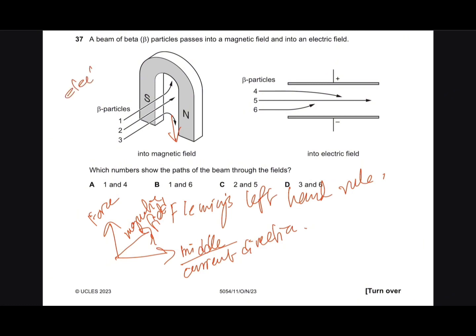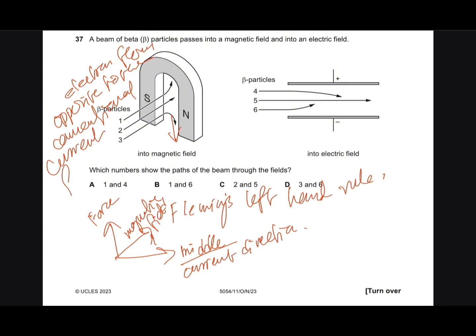So electron flows opposite to the conventional current flow. So we will have our current outwards, and as a result our force will be downwards. All right, north to south, like this is the arrow. Follow all the arrows and then you'll see.